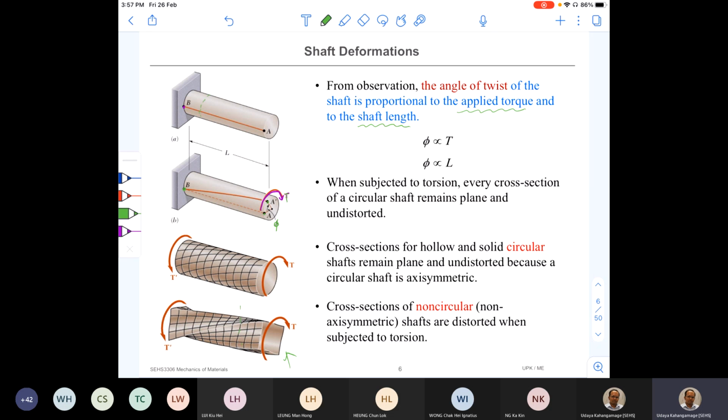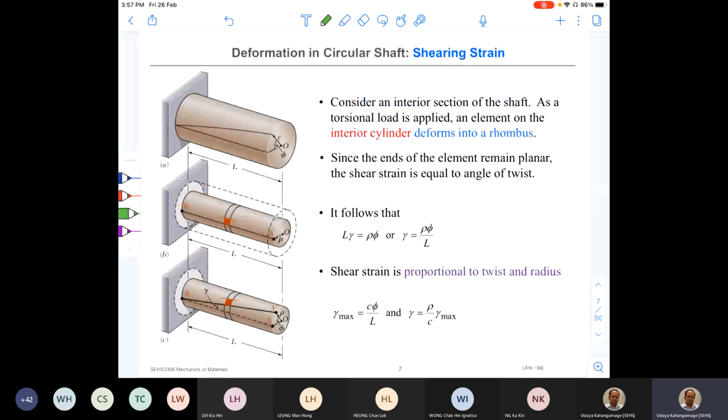Okay. So with that little observation, I'm now going to find out what is the shear strain once we apply a torque T. Right. So by looking at this diagram, you can see that initially, if I mark this point here, using a different notation, D, it will be moved to D prime here. So it has moved this distance.